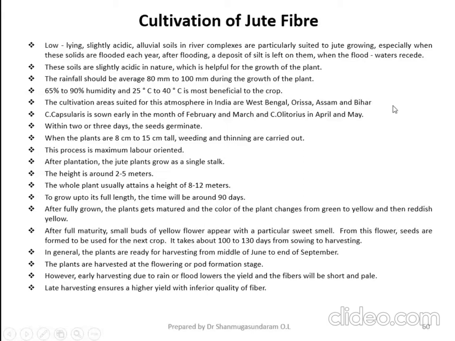These are the areas where you can get the exact climatic conditions for the growth of the jute plant. That is the reason why West Bengal, Orissa, Assam and Bihar are suited for the growth of the jute plant.